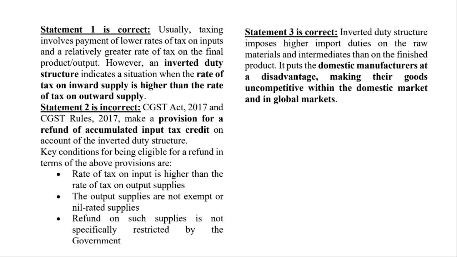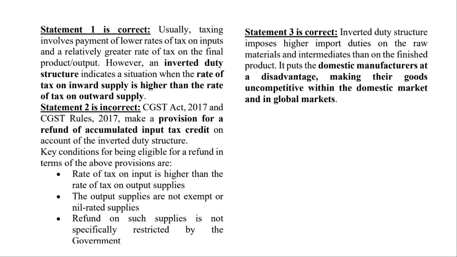When you bring in the iron ore, there is no value. Once you make steel out of it, there is value. So that is the normal way the tax structure usually works. Now in the inverted duty structure, as the name says, inverted means reverse. In this case, what is happening? The inward supply, for example the iron ore which is coming in, has more tax than the final output.